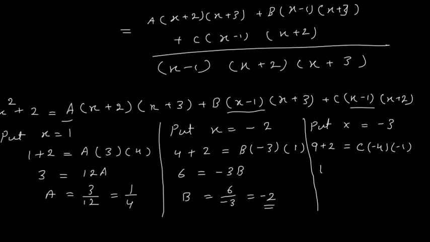So 9 plus 2, 11, is equal to minus minus plus, so 4c. That gives me the value of c as 11 divided by 4. Value of c is 11 divided by 4, value of b is minus 2, value of a is 1 upon 4. So we got the values of a, b and c.